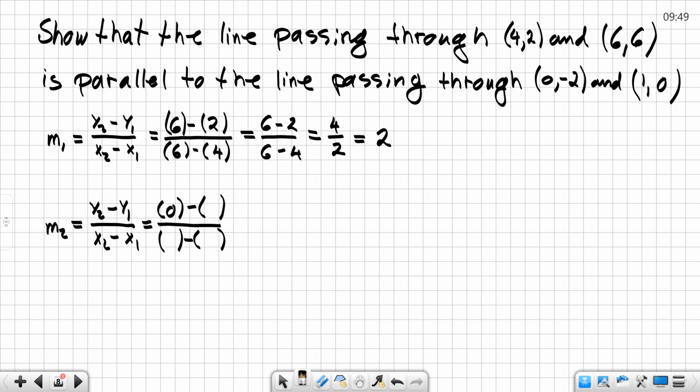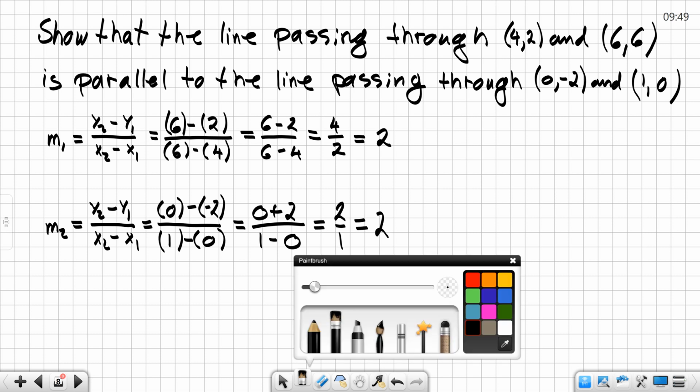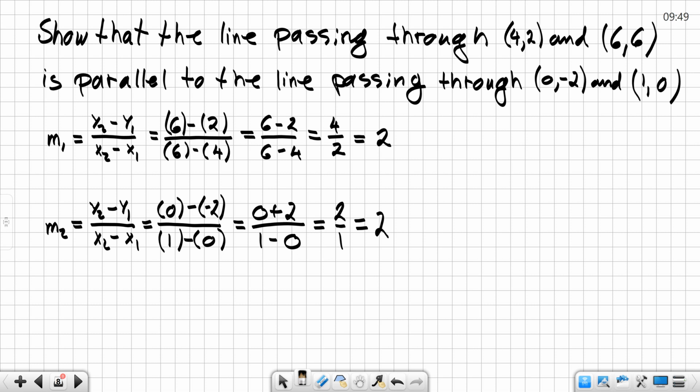So we have 0 minus -2 divided by 1 minus 0. And that will be 0 plus 2 divided by 1 minus 0. And that will give us 2 over 1, which is also 2. And that means the slopes are equal to each other, so the lines were in fact parallel.